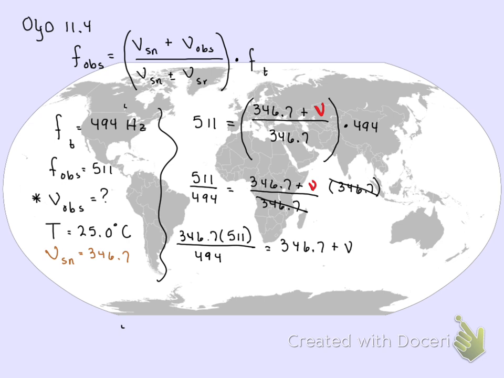Okay. So now we need to isolate the V. If the 346 is positive on the right, we remove it by doing the opposite, which is to take the negative or subtract. So what the final equation will look like with our velocity being isolated is this minus the 346.7.